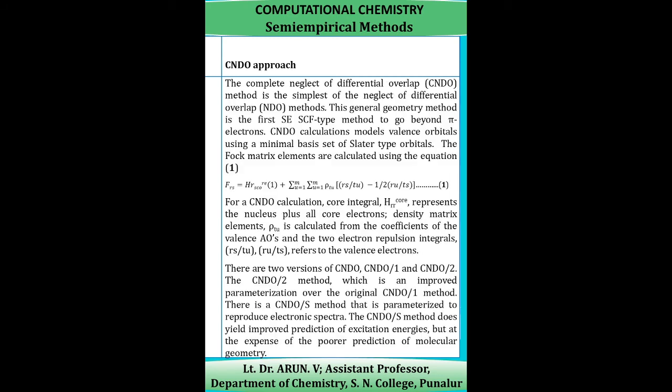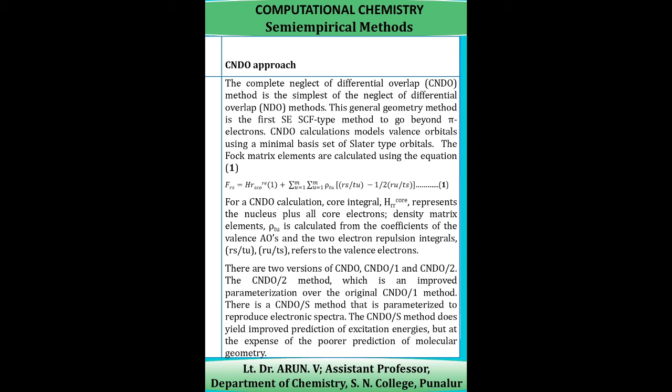Another one is the CNDO approach in semi-empirical methods. This is called the complete neglect of differential overlap method, and this is the simplest of the neglect of differential overlap methods. This general geometry method is the first semi-empirical self-consistent field type method to go beyond the pi electrons.